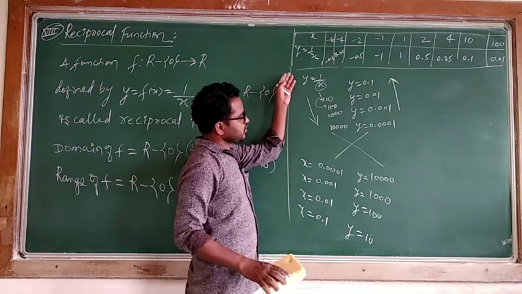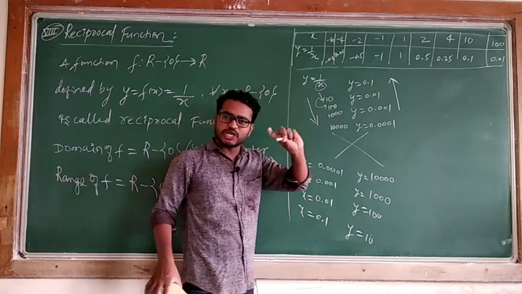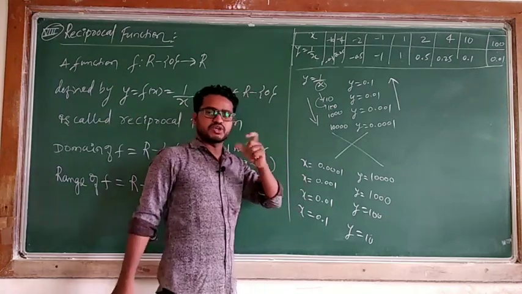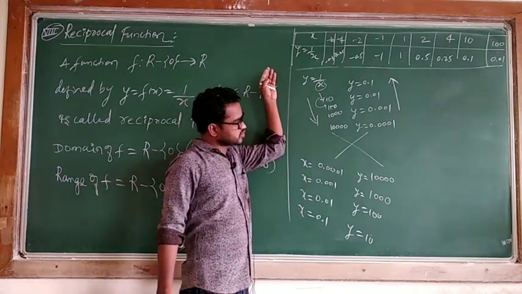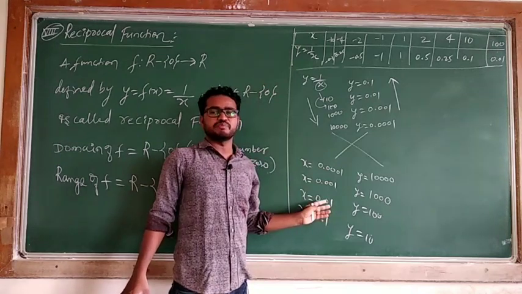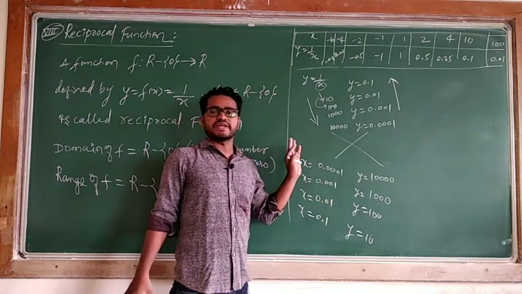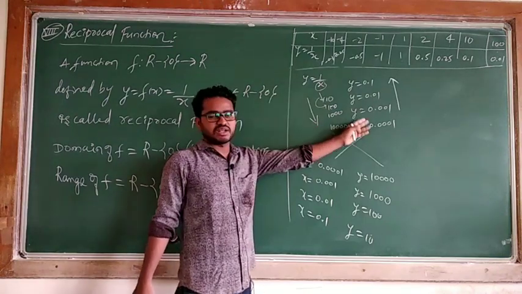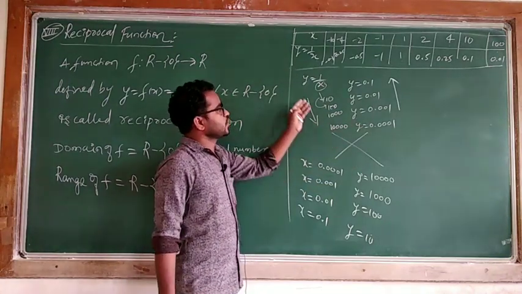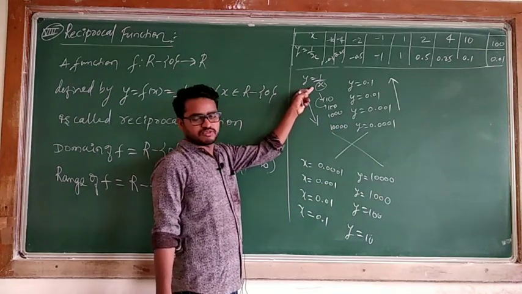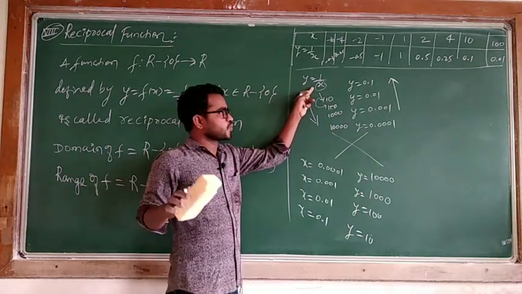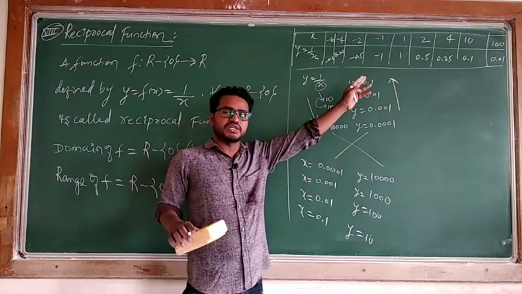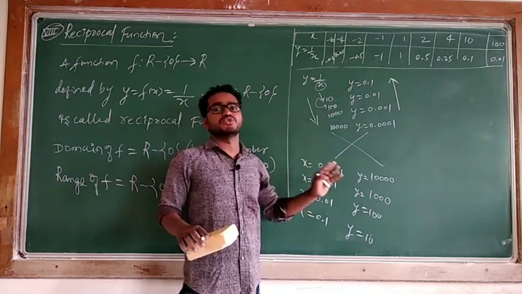The thing is, in the reciprocal case, reciprocal itself is saying opposite: inversely proportional, not directly proportional. When you take a smaller number of x, you will get a bigger number of y. When you take a bigger number of x, you will get a smaller number of y. Means when x is nearer to infinity, y is nearer to 0.